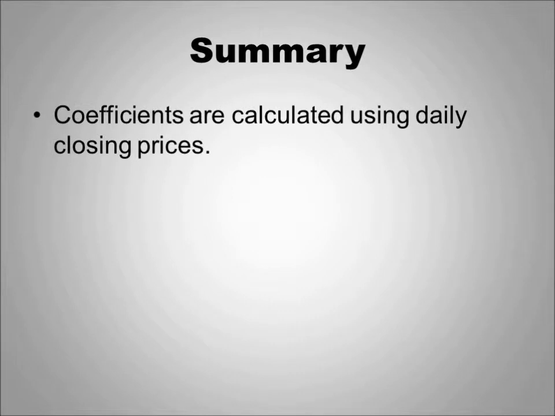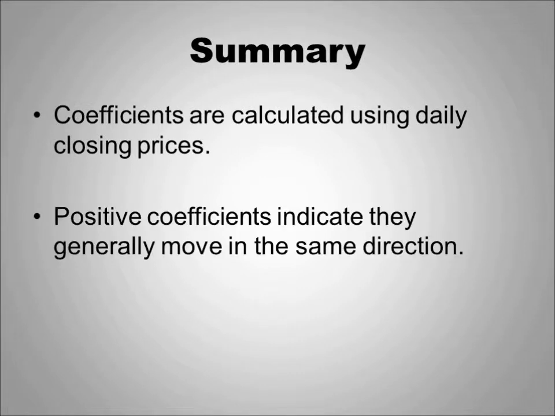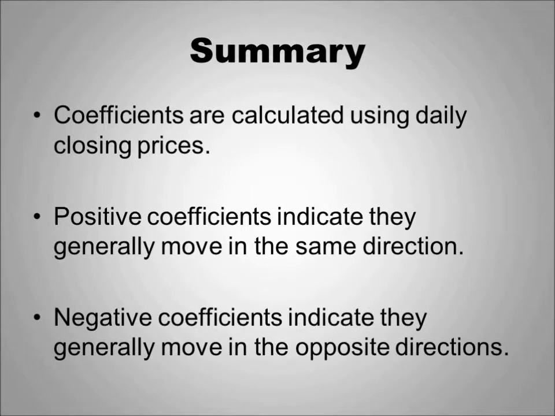Okay, so here's what we've learned so far in this video. We've learned that coefficients are calculated by using daily closing prices, and positive coefficients indicate that they generally move in the same direction. Negative coefficients means they move in the inverse direction. Now, here's what I'm going to do.